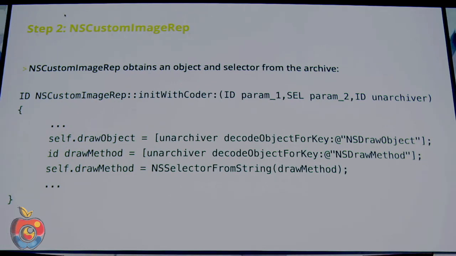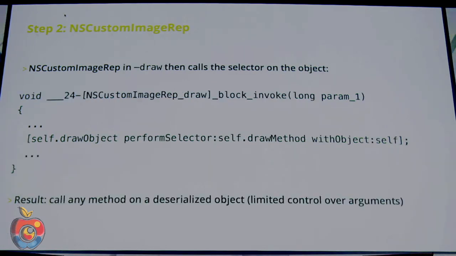But it has a draw function, and when you call this draw function, it will perform the selector that it decoded from the archive on the object that it also decoded from the archive, passing itself as the first argument. So by combining this with the previous one, by creating a binding to that draw method, I was then able to call arbitrary methods. Although I did not have any control over the arguments yet, I could call these arbitrary methods on objects that I deserialized.